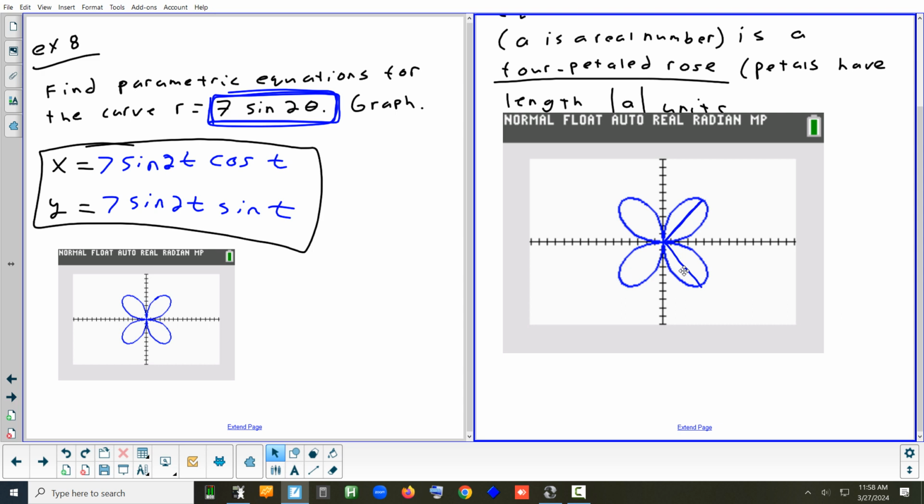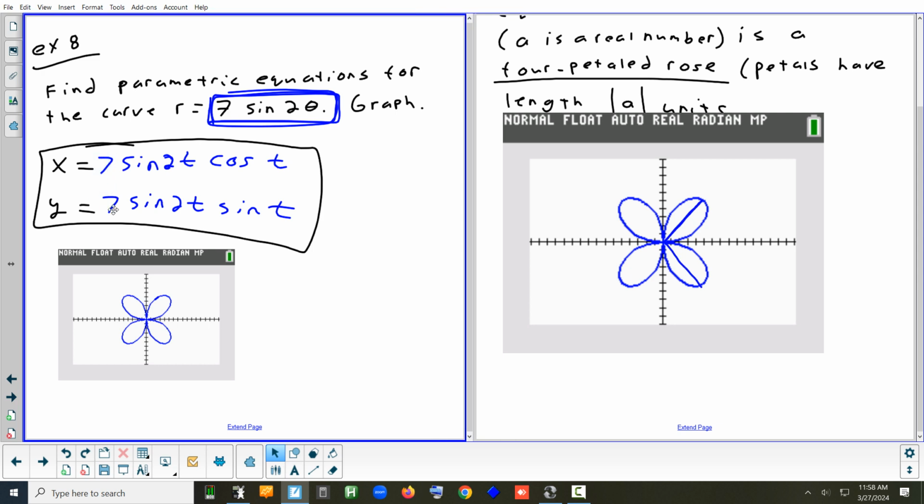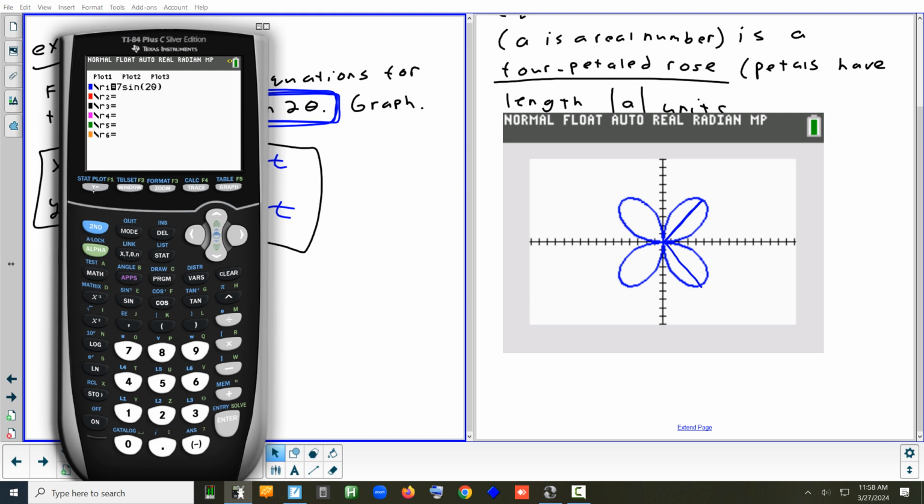The bigger you make the number in front, the bigger the petals get. If you start changing the 2 to a 3 or the 2 to a 4, you can start changing the number of petals. Even numbers always double the number of petals. So if you put in a 6 theta, you're going to get 12 petals.